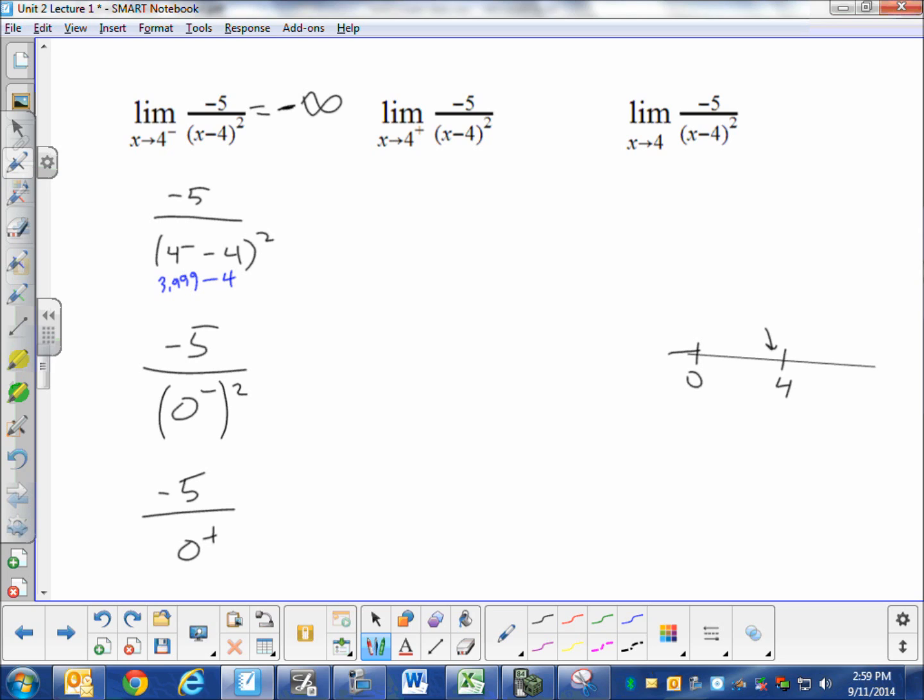Sure. That works. I like to keep it close so that I know we're getting close to 0. But if you can keep that in your mind, that's fine.